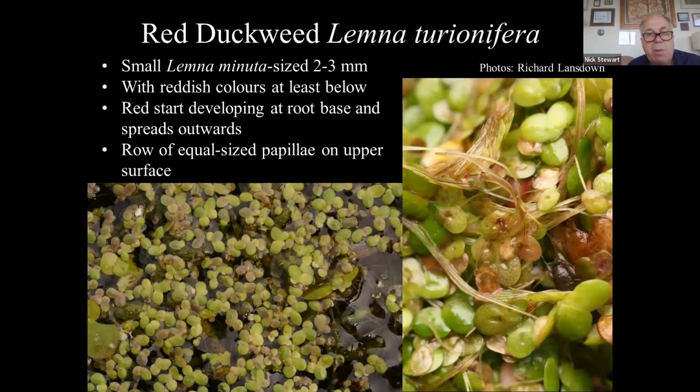The row of papillae tend to be better developed on turionifera, and those little papillae are equal sized, whereas in Lemna minor, the two end ones are bigger than the ones between. But I'm afraid I don't have illustrations to show that feature. But it's another character that can be used to confirm this, if you're not very sure. But essentially, the most obvious feature is the color that's going to pull that out as a separate plant.